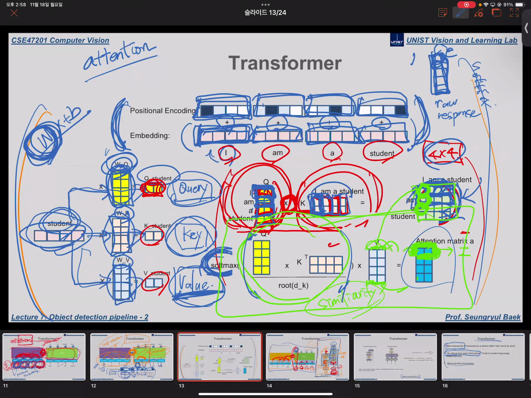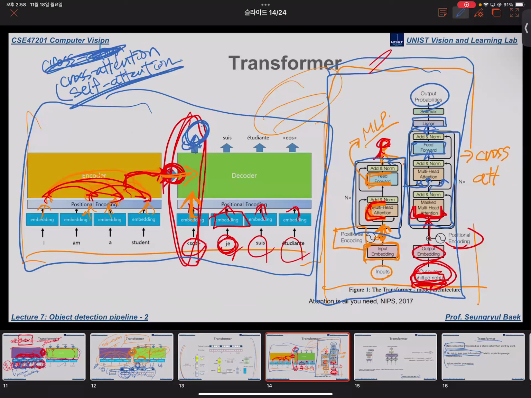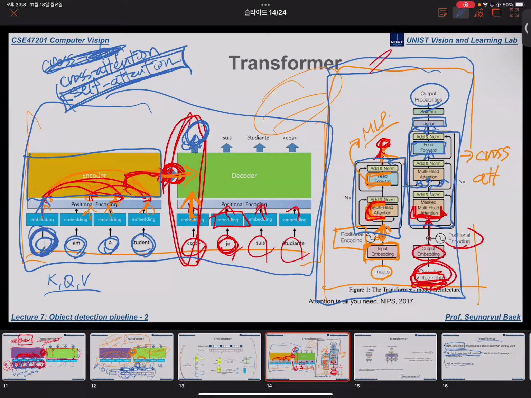Okay, that's the attention. And I mentioned that in the encoder, we will apply the self-attention mechanism. So the key query values are all from the original input. From the same word, we will get three vectors: key, query, value.